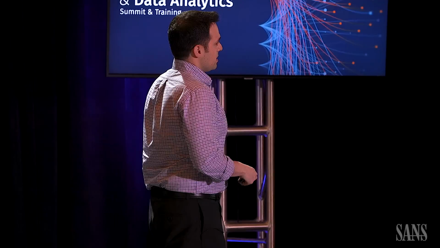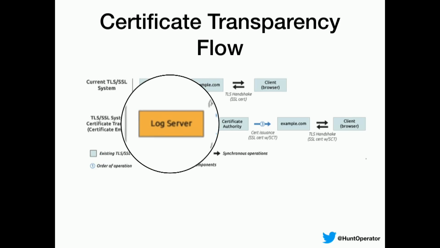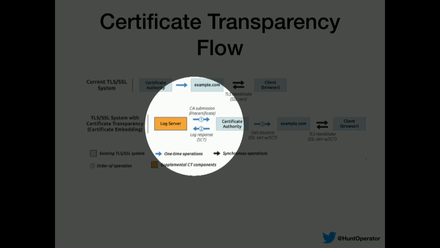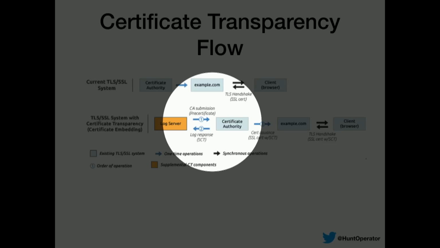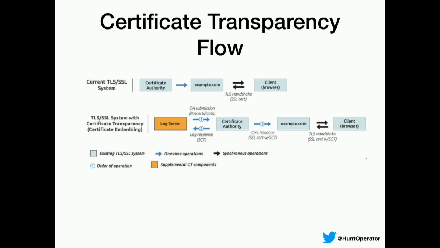With certificate transparency, all it's doing is taking the log server and saying, okay, we want the certificate authority submission, and it generates this thing called the log response. All it essentially is doing is generating a log entry into a certificate transparency server.